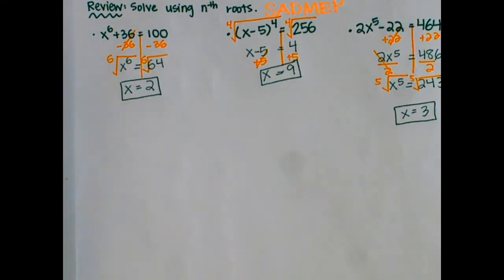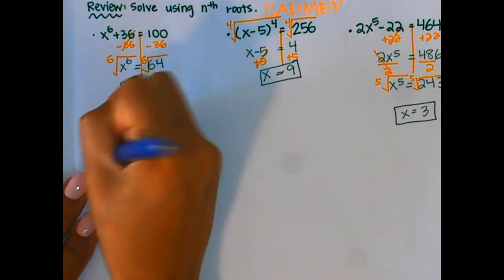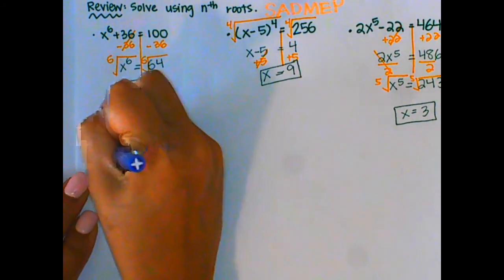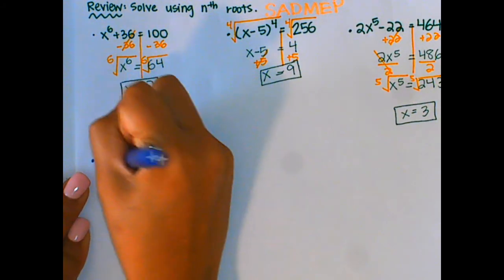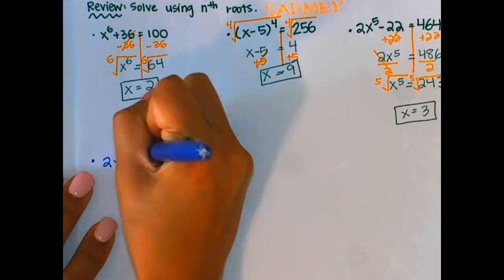What we are going to do now is work on problems that are similar, but are set up just a little bit different. Let's look at 2 times the square root of x plus 1 is equal to 4.